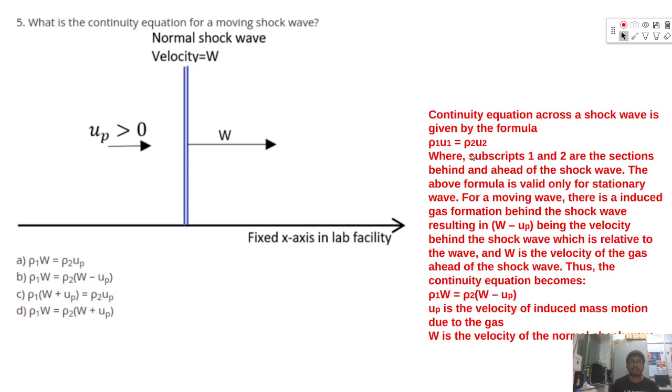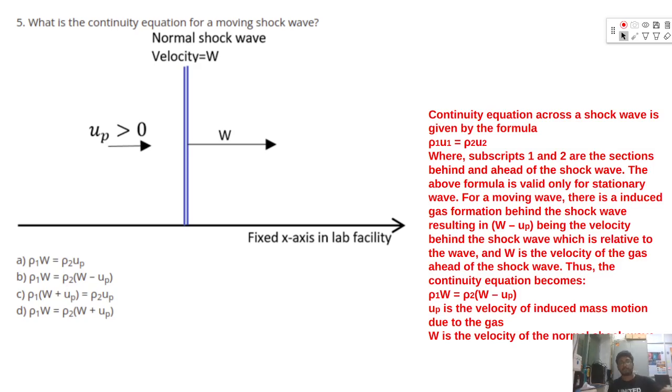So instead of u1 you will have W, and instead of u2 you will have W minus UP. UP is the velocity of induced mass motion of the gas, and W is the velocity of the normal shock wave.